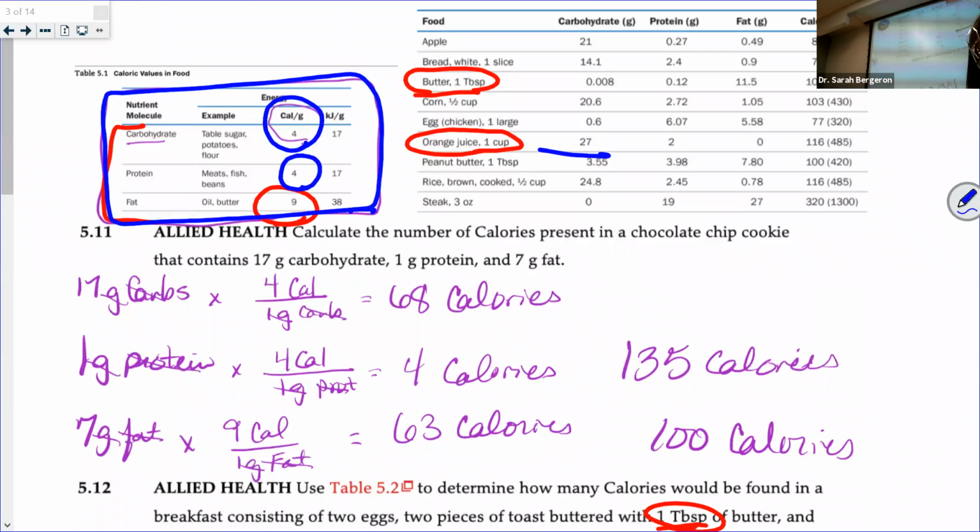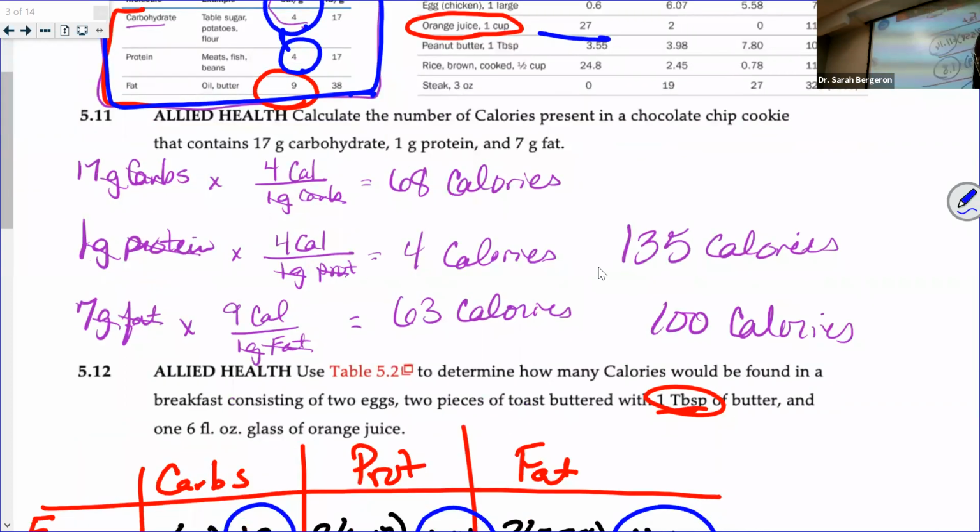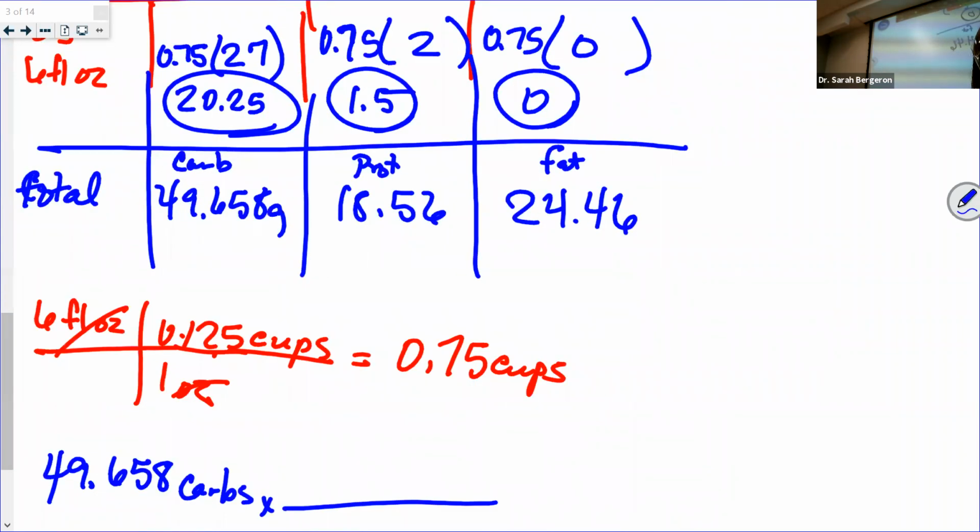You could do it for proteins and carbs, but fats have a different number of calories per gram, however you want to think about it, right? And that's what these are. All of these totals are grams of each.